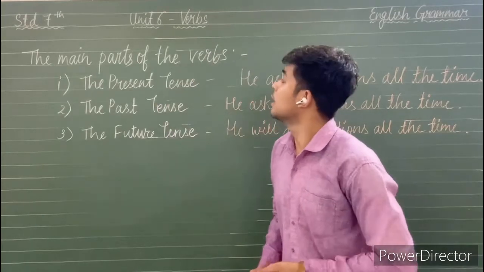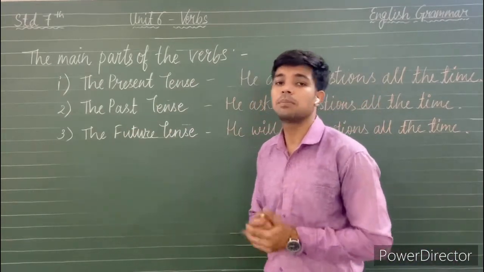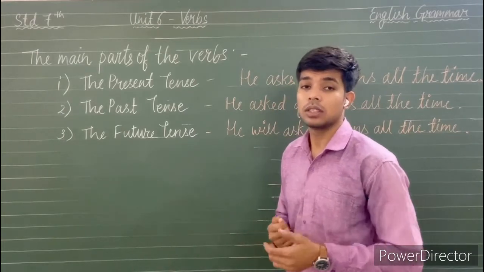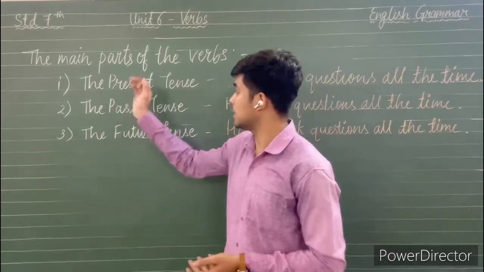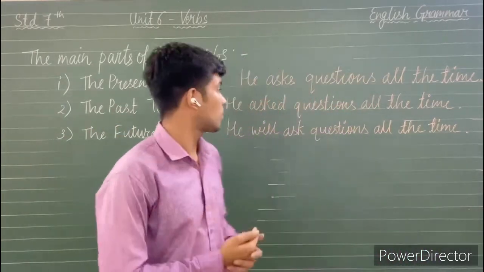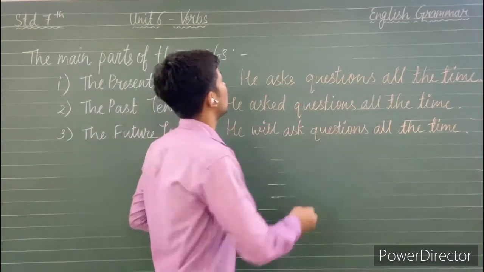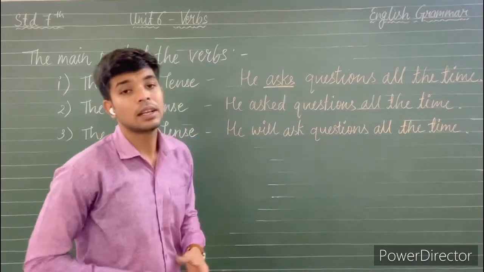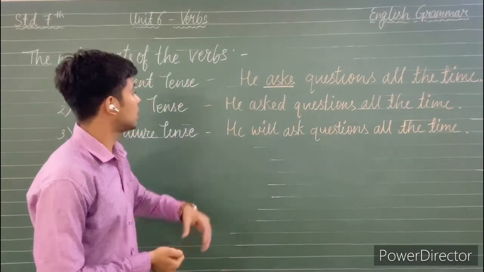Verbs have three different main forms. A verb depends on the tense of the sentence: the present tense, the past tense and the future tense. For example, he asks questions all the time. Ask is the verb. It is the present tense.